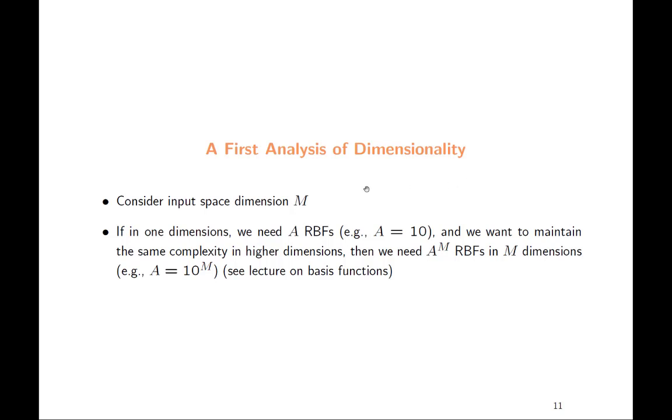Yeah, so we did this analysis before: if in one dimension we would use a RBFs, then in m dimensions we would need a to the power of m radial basis functions, so the required number of basis functions goes up exponentially with the dimension.